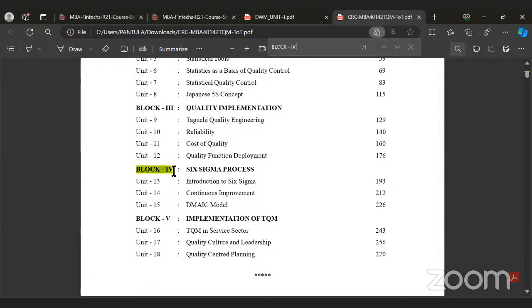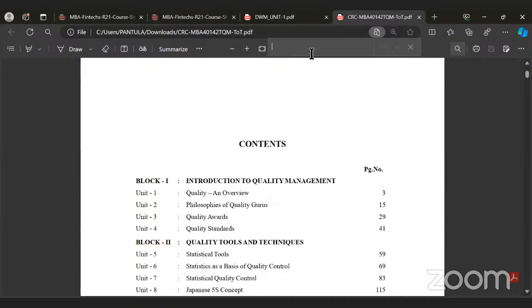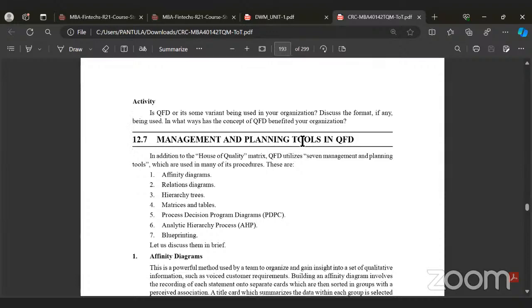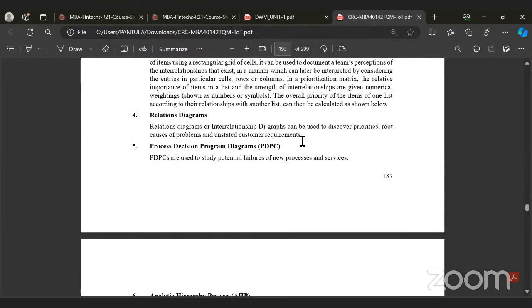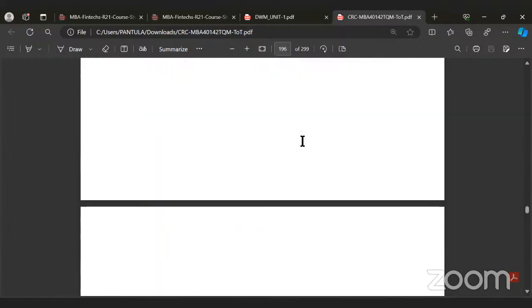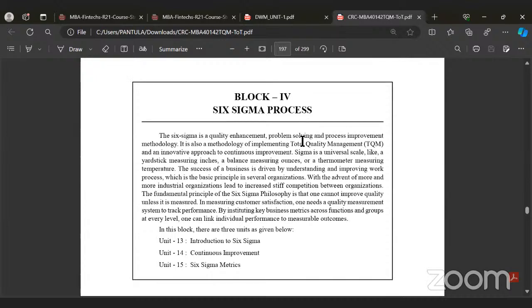So that is called Six Sigma. Now what happens in Six Sigma?